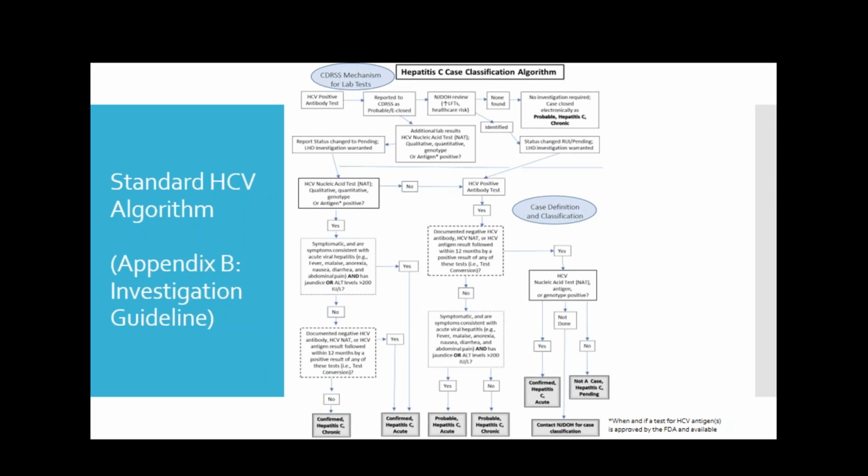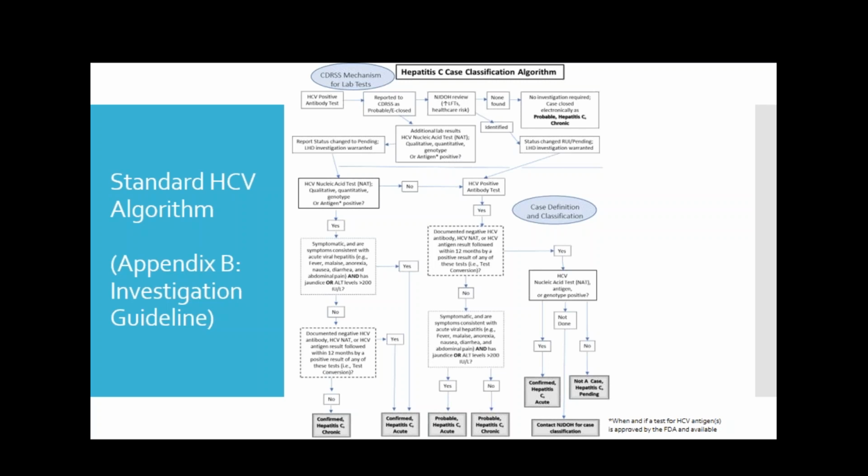So bearing in mind that the burden of HCV in New Jersey is high and that the resources for investigation at the local health department level are limited, we decided to design this method to aid in classification of electronic cases in particular.